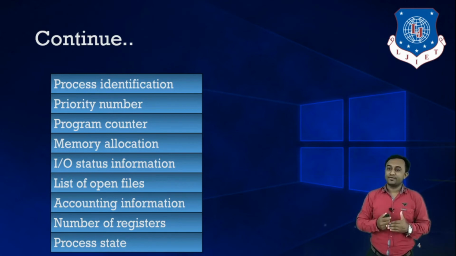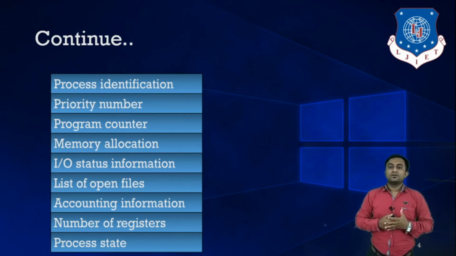So program counter is nothing but a special type of register which stores the address of the next instruction to be executed. Okay. Now the another field is memory allocation. What is memory allocation? Memory allocation is associated with memory management tasks. Like it contains a set of index registers, limit registers, a set of page tables and all.